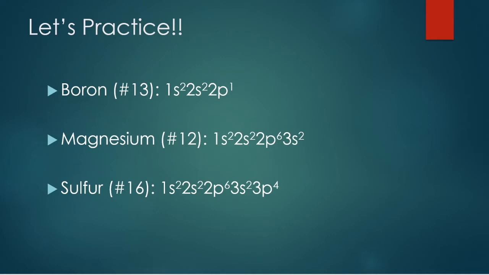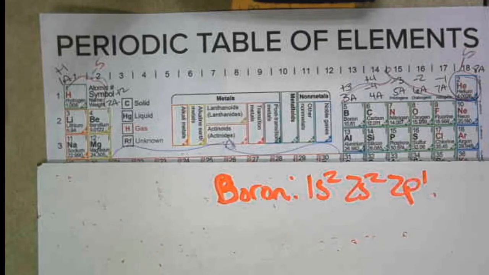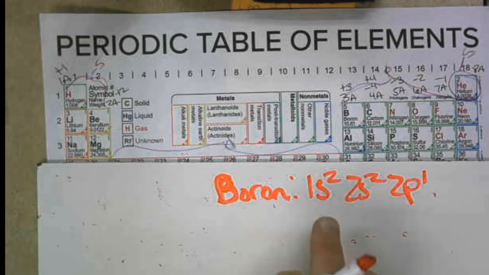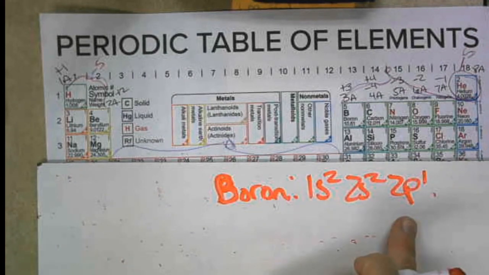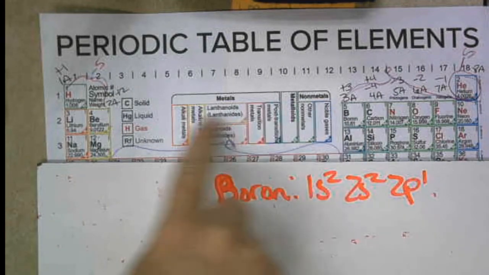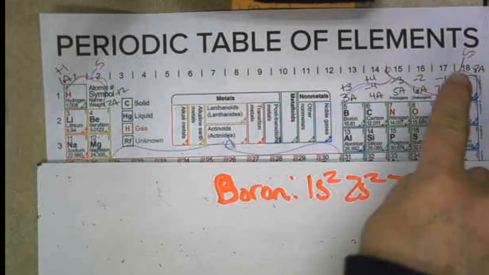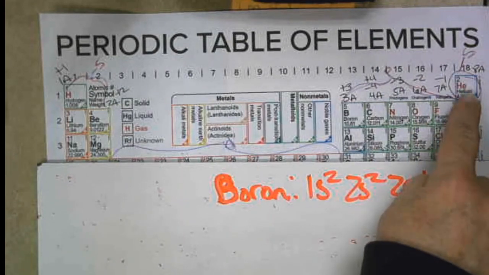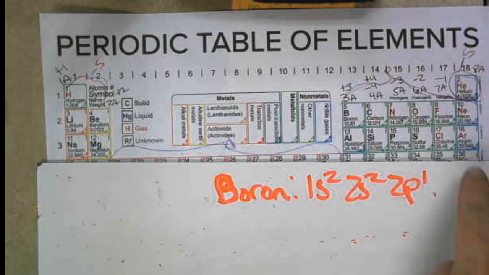All right, so let's look at our first one, boron, okay? So if we look at boron, we did it before, and we said that the electron configuration 1s2, 2s2, 2p1. But now we want to do it abbreviated. So we will locate boron, which is here, and we will look back, remember, read backwards, to the last noble gas. And remember, our noble gases are here on the far right.